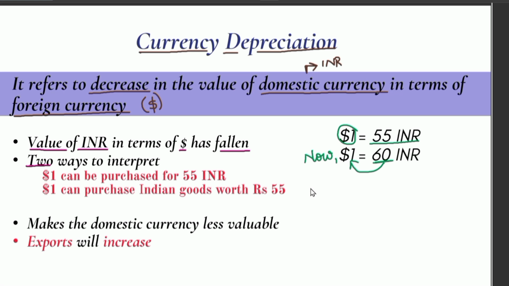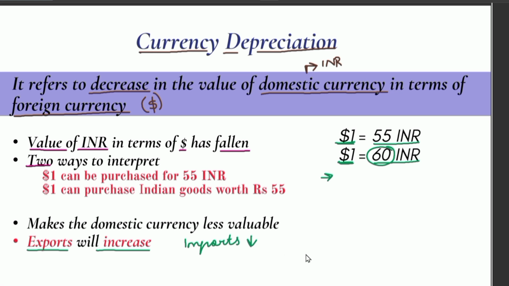The second way is that earlier $1 could purchase goods worth 55 rupees, but now $1 can purchase goods worth 60 rupees. So with the same amount of dollars, more goods can be purchased from India. What will happen? Exports will increase, as more goods can be purchased with the same amount of foreign currency. So imports are likely to fall and exports are likely to rise.